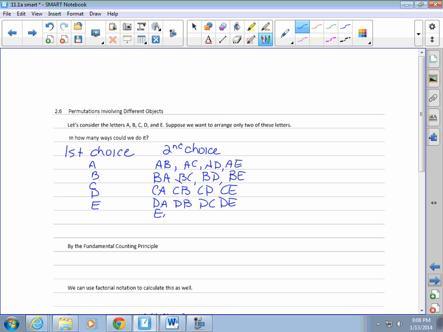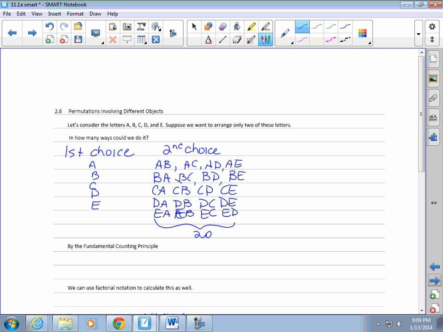And then E would be EA, EB, EC, and ED, because I can't have any repeats. So in total then, if A was my first choice, I would have 4 choices. If B was my first choice, I'd have 4 arrangements. C, 4, D, 4, and E, 4. So a total of 20 choices.